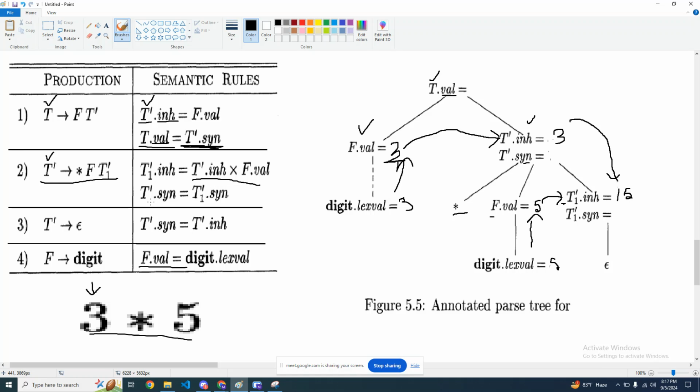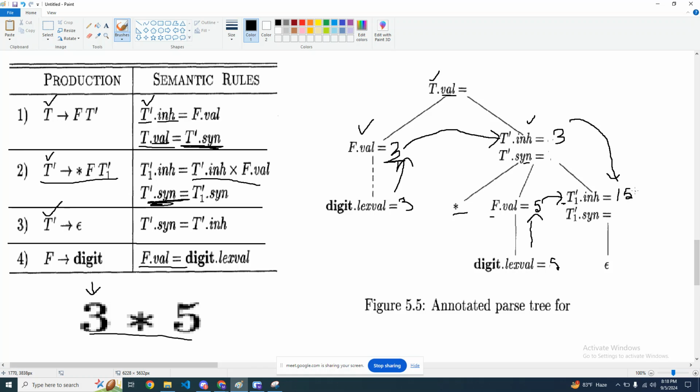So what is the synthesized value of t prime? This synthesized value is equal to this synthesized value, but this synthesized value is empty. It is not calculated yet, right? So it is going to be calculated from this rule. T prime produces epsilon. The value of t prime synthesized is t prime inherit.